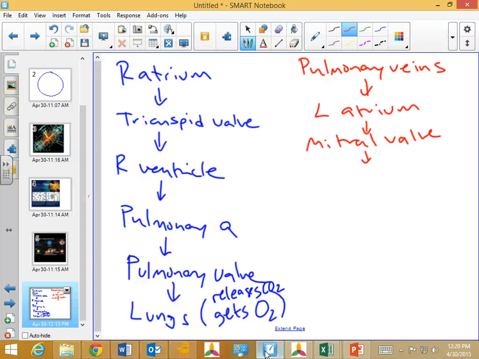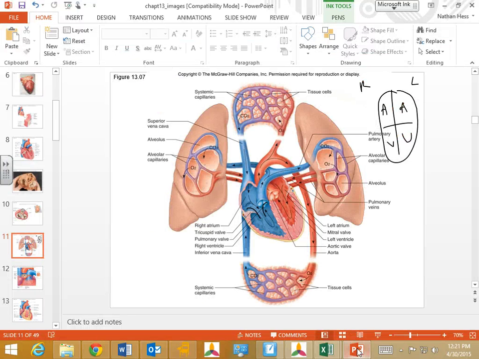Through the mitral valve, it gets into the left ventricle. And again, this is all blood that is oxygenated. Where is it going from there? Well, okay, but what vessel does it go through? Because we're right here.